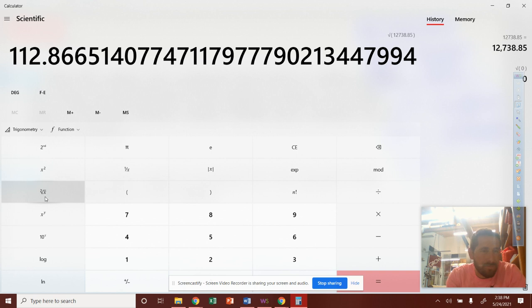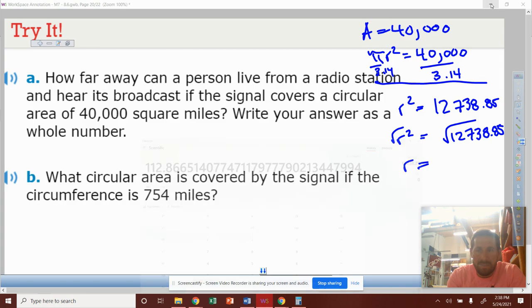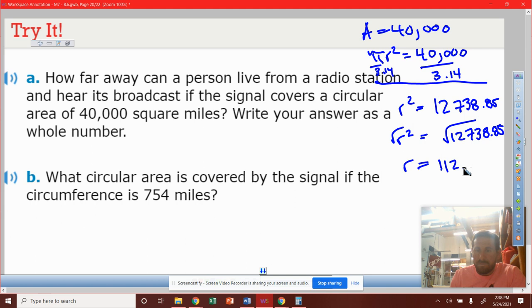It's 112.8, so about 113. So we got a radius of 112.86 miles. So you have to be within that to get that station.